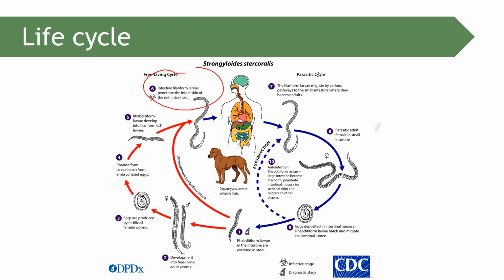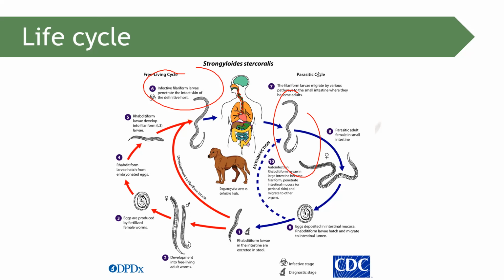Now, this adult Strongyloides stercoralis, meron na siyang male, meron na siyang female. Yung female, maglelay ng egg. Now, that will be deposited into the stool. Okay? That will be deposited into the stool.